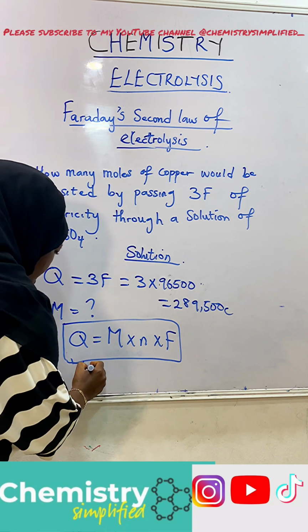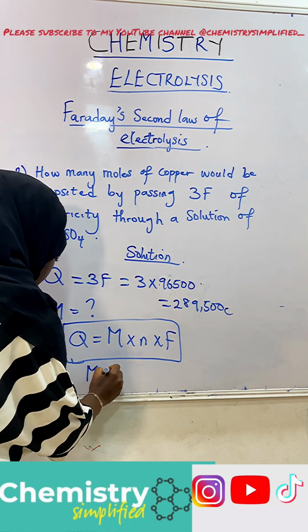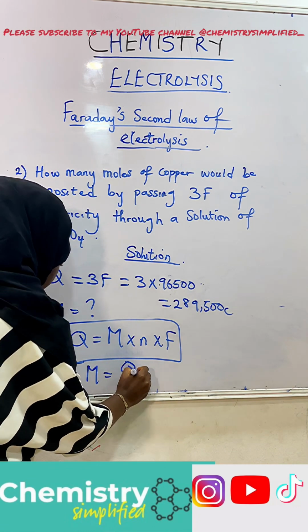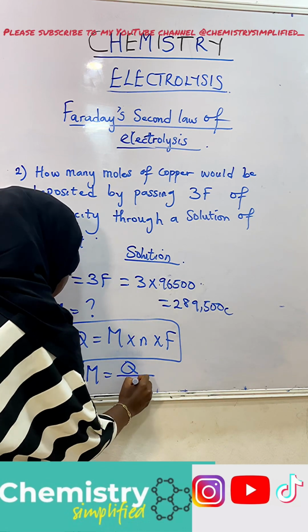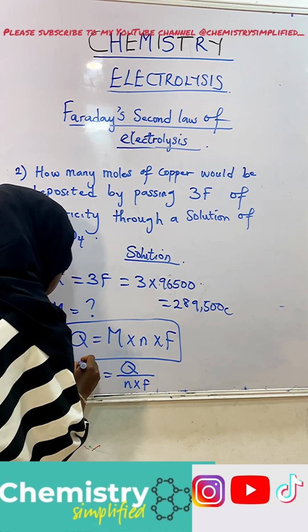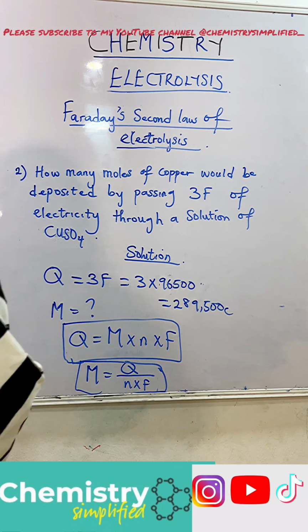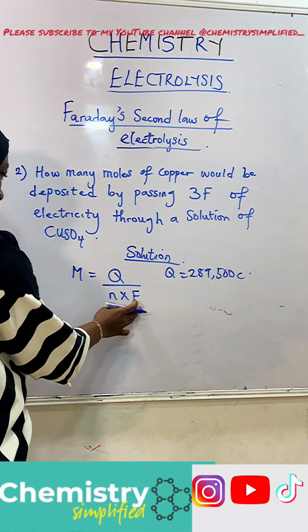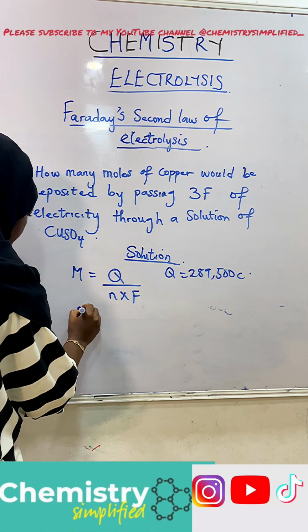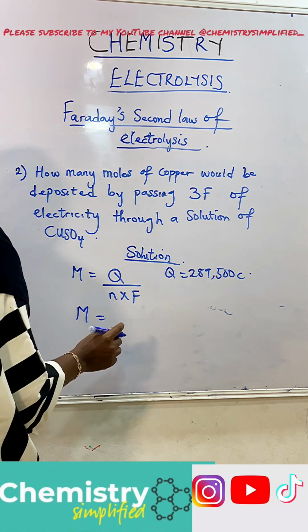Now, we are going to make our number of moles the subject of the formula. When you make your number of moles the subject of the formula, what you have is n equals Q over n multiplied by F. So this is the formula we are using to do our calculation. Now, our number of moles will be equal to, what is our Q?